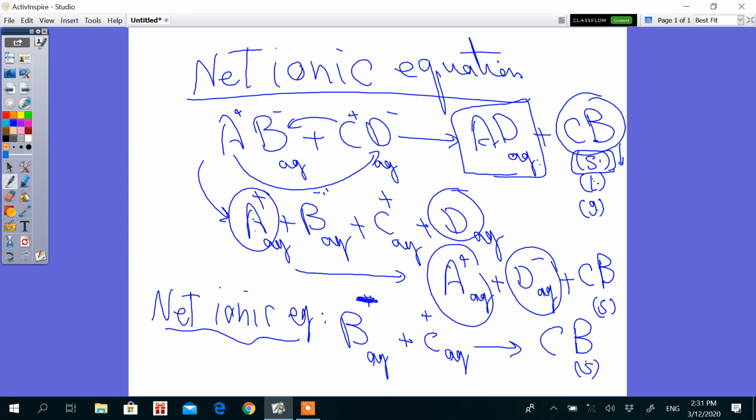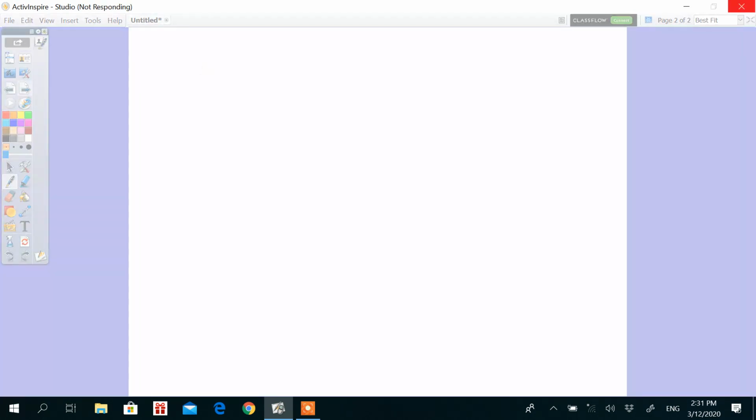So if I want to know the net ionic equation of a compound that will react with another compound, I must write these compounds and the products also, and to know the ions which share in the reaction, I include them in the net ionic equation, like B and C. And I must know the ions which are not included in the reaction. So they are spectator ions.